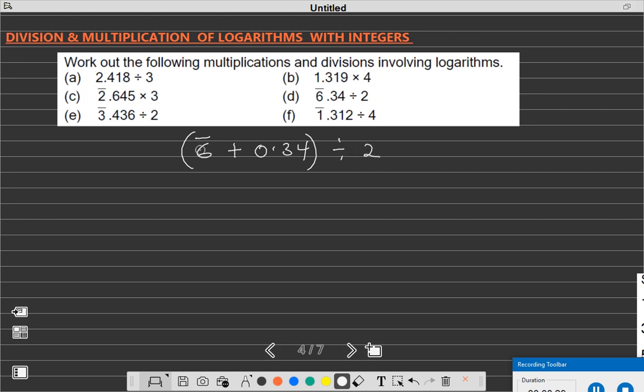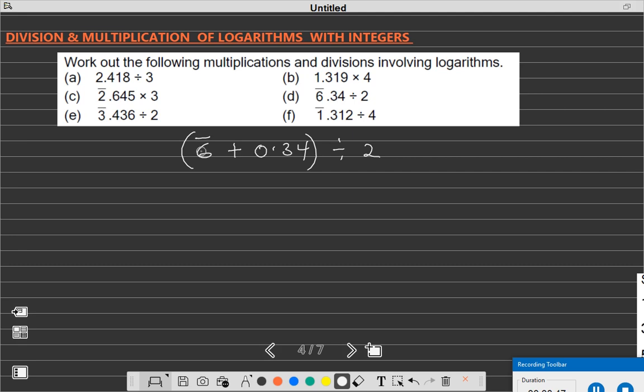So we shall divide this one by 2 and this one by 2. Now whenever your characteristic is divisible by the integer, you don't manipulate it, you just go direct, because this 2 is a factor of 6.